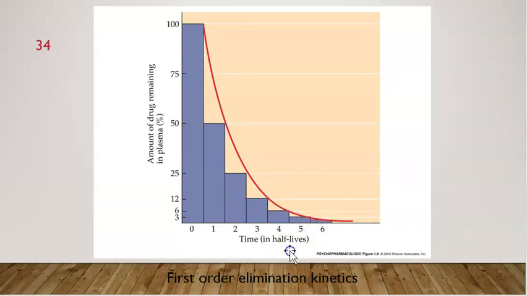So by 6 time periods, the drug has reached about 98% clearance from the body. So you have less than 2% left in your body. So we usually say that by 4 to 5 half-lives you'll be sober, but it's usually by 6 half-lives that you're completely sober, or immeasurable.